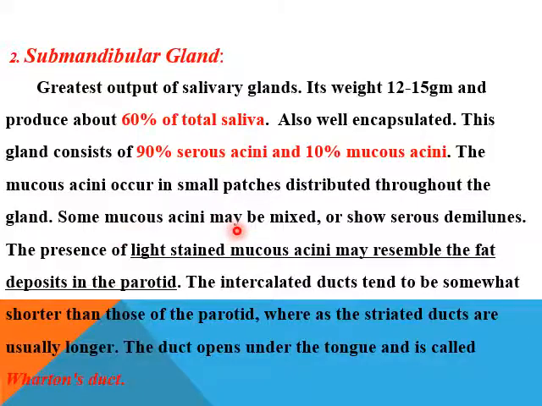Some mucous acini may be mixed or show serous demilunes. The presence of light-stained mucous acini may resemble the fat deposition in the parotid, so it appears white in color, like the fat present inside the parotid gland. The intercalated ducts tend to be somewhat shorter than those of the parotid, whereas the striated ducts are usually longer. The main duct is called Wharton's duct.